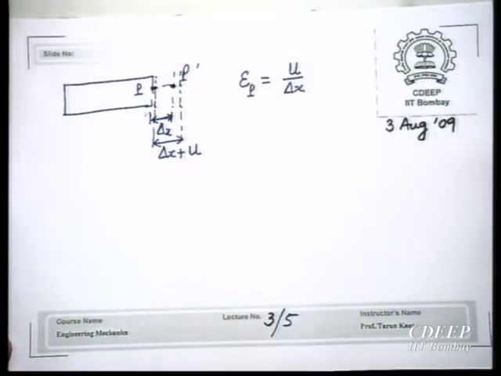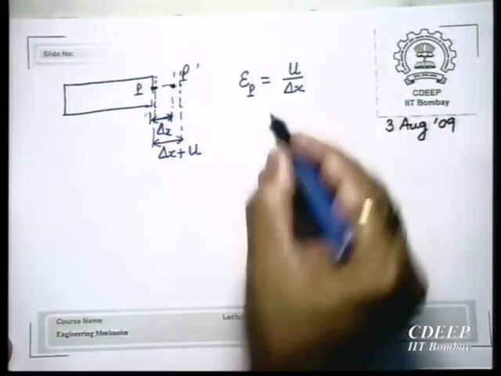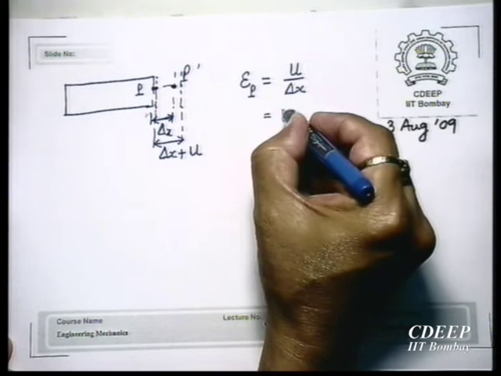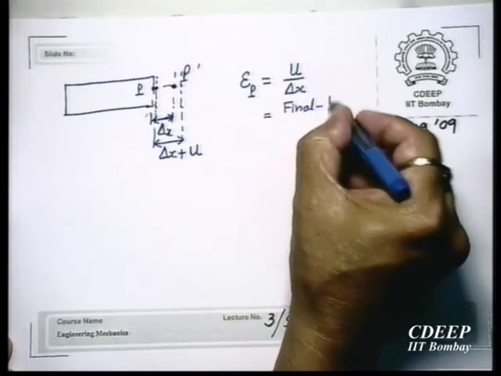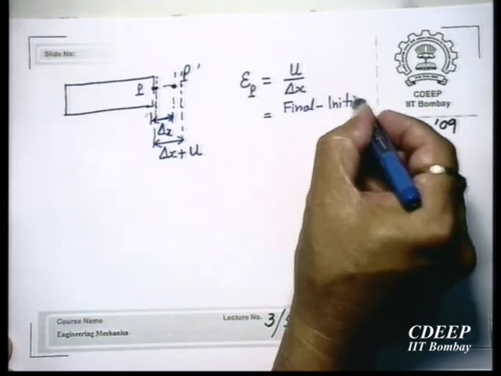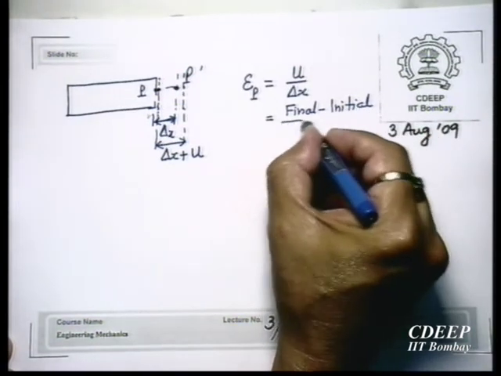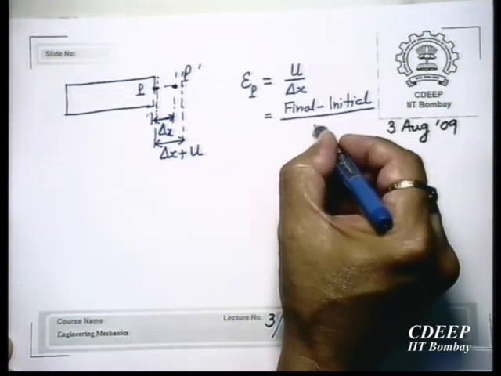U is the change in delta x. You can also say that strain is always final length minus initial length, divided by initial length.